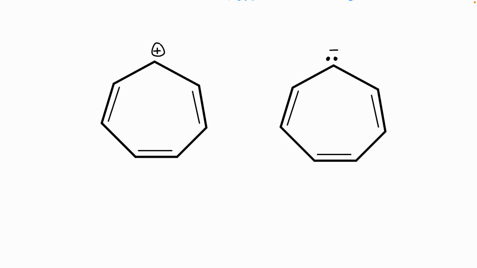Okay, so step 1, do we have a fully conjugated ring? And then step 2, the odd number of electron pairs. Take a second and see if you can classify these as being aromatic, anti-aromatic, or non-aromatic.